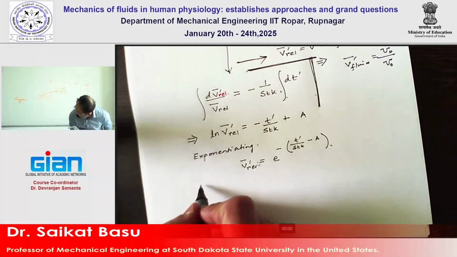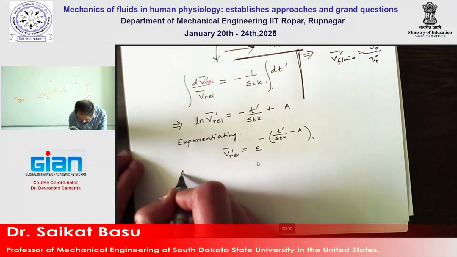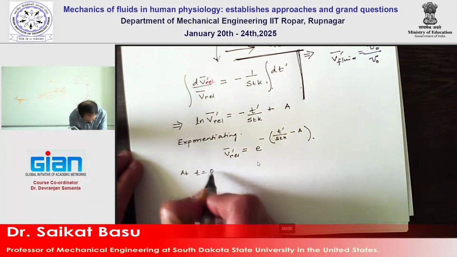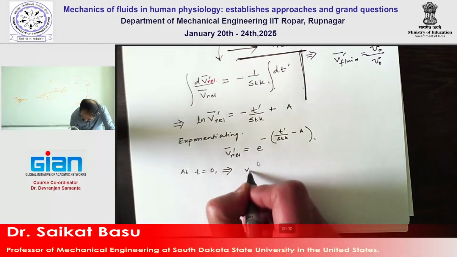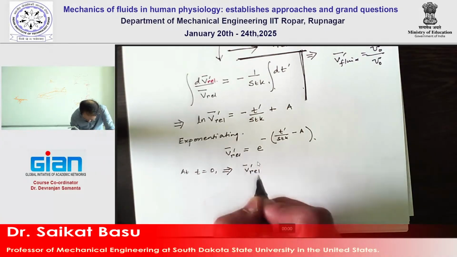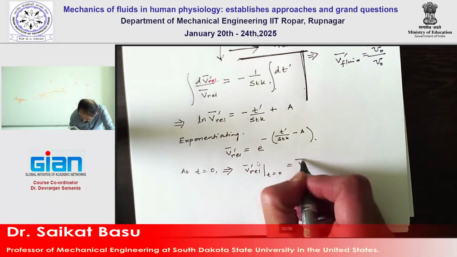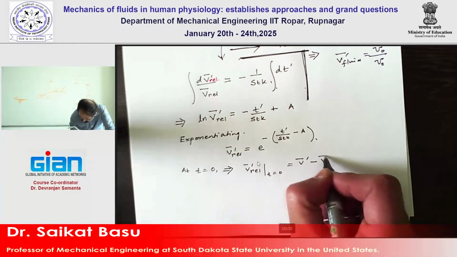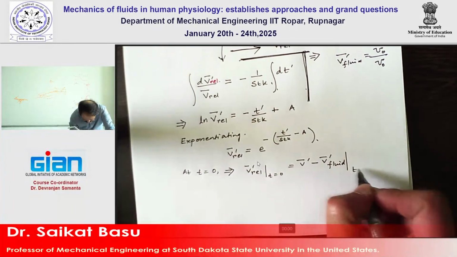Now let's try to figure out this constant. So at t is equal to 0, we have v relative prime at t is equal to 0 is v bar prime minus v bar of the fluid at t is equal to 0.